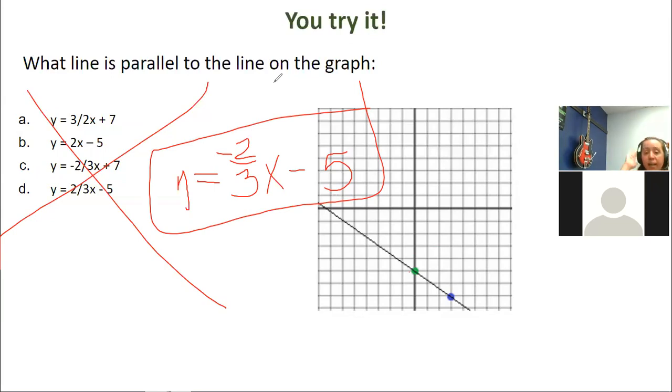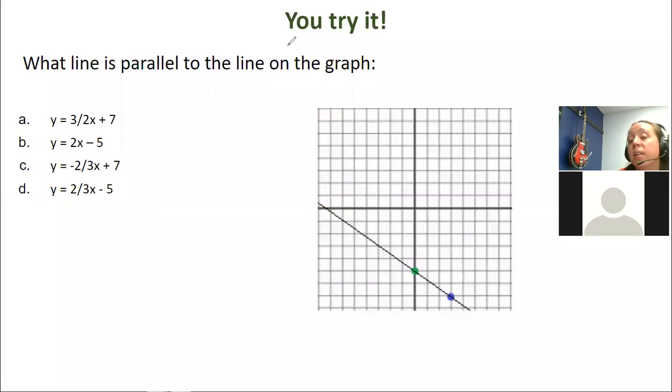Oh, wait, guys, I read this wrong. Oh my gosh. Guys, my brain is tired. Okay, so it's not wrong. It's just that we're finding a line parallel to that line. So this line is -2/3 x minus 5.